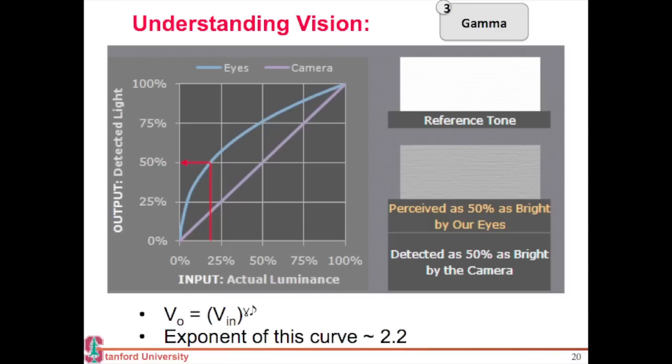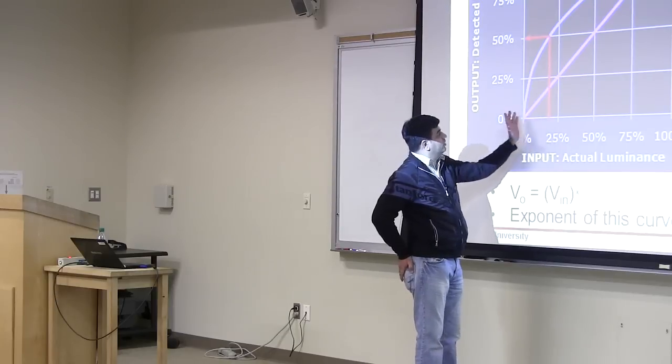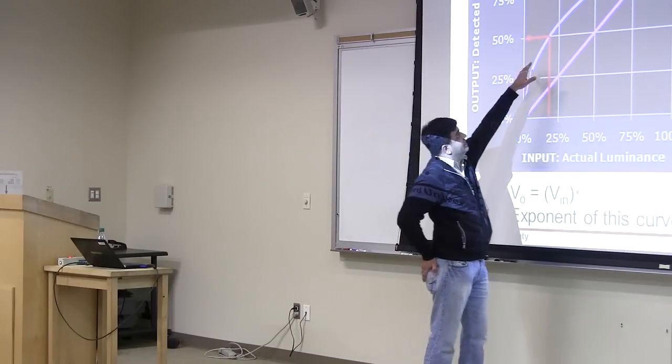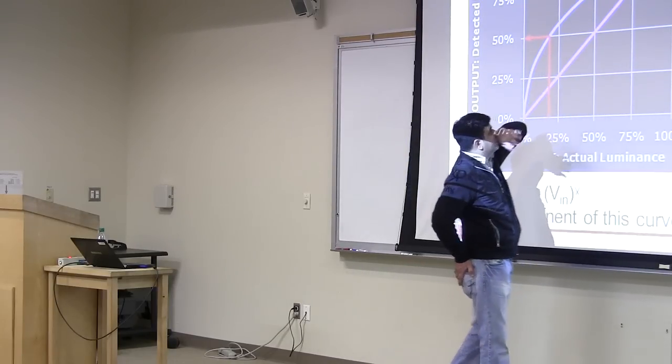So our eyes are much more responsive in low light conditions as compared to when they are in bright light.